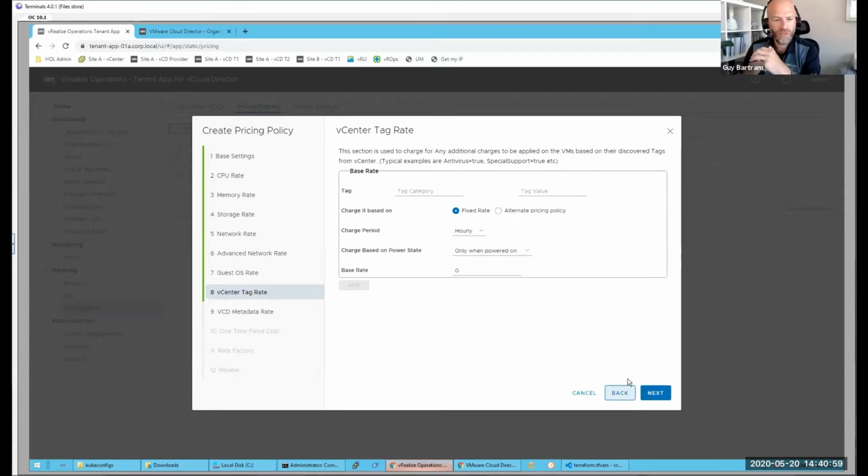And for the folks who don't know, what's the difference between the vCenter tags and VCD metadata? That's just the place where this information is stored. So in VCD, you can add to quite every single object, like a vApp or an org VDC, some metadata information, just some key-value data that you can attach.